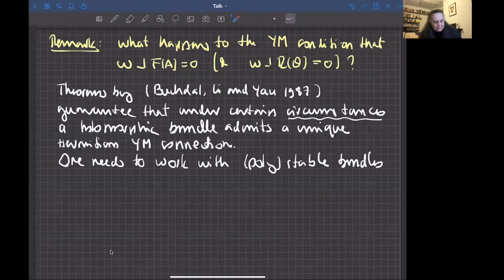This is the property that these bundles need to have, so that you don't need to worry about having a solution to this equation. So only working with the holomorphicity of the bundles and imposing that you are working with polystable bundles, you guarantee that there is a solution to these equations, and therefore you have the full Strominger system, as we will see later.